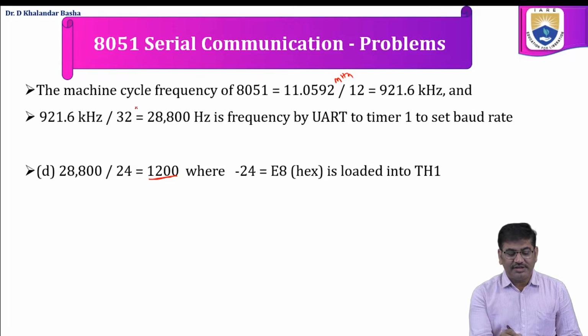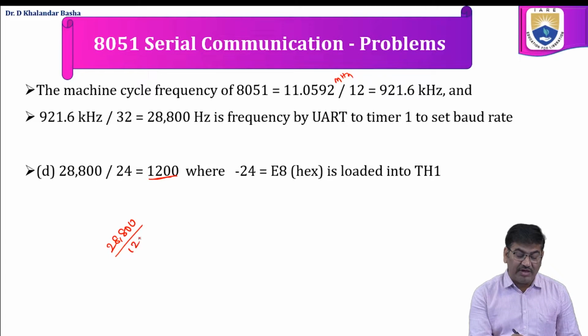From this machine cycle frequency, we calculate the baud rate frequency by dividing by 32. That is 921.6 kHz divided by 32, giving 28,800 Hz. This is the frequency from the UART for Timer 1 to be set for the baud rate. In this 28,800 Hz, we require a baud rate of 1200. If you divide 28,800 by 1200, we get the value 24.